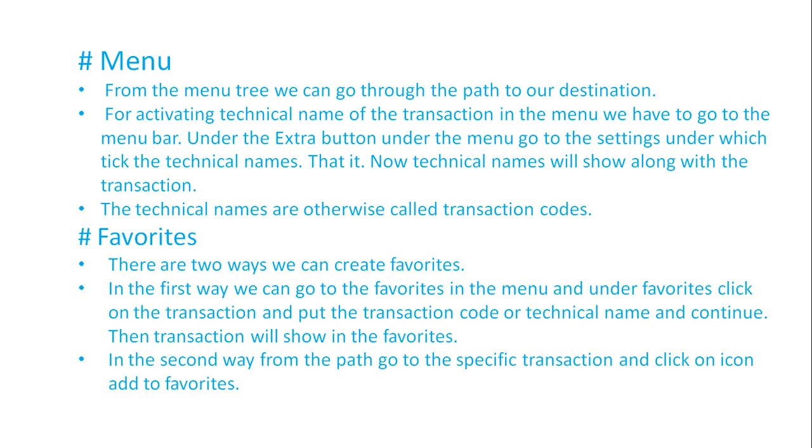Suppose I put a GL account number, it accepts it. Suppose I put an amount, it accepts it. Now suppose I am committing a mistake. Let us do it. It will notify that too.